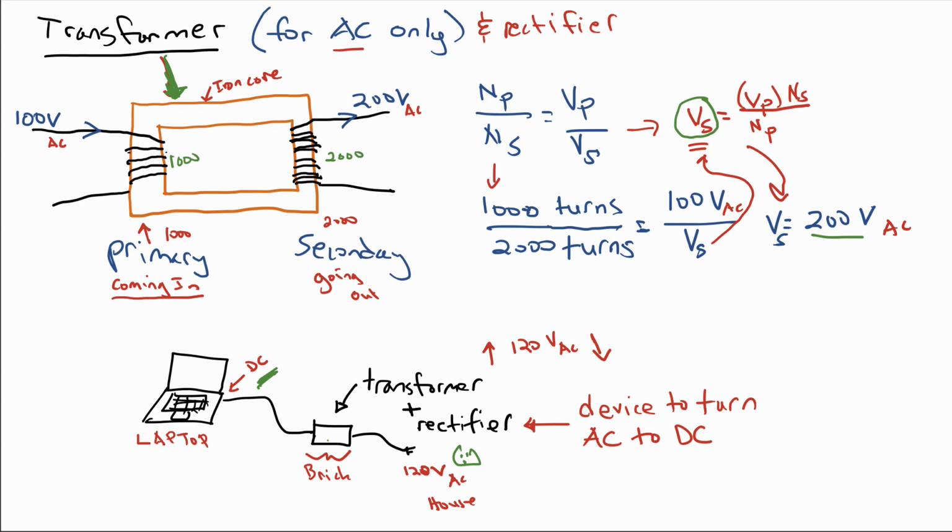And so on your power cord, there's this brick here, and it consists of a transformer and a rectifier. So what's happening is that the transformer part of it decreases the voltage down, and then the rectifier is a device to turn AC into DC, because your laptop and other electronics run off of DC current.